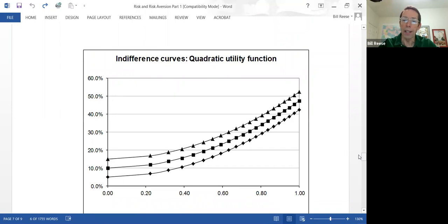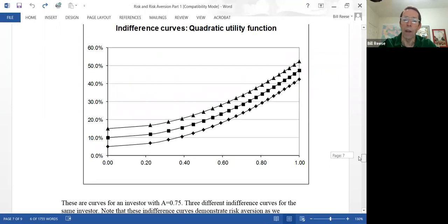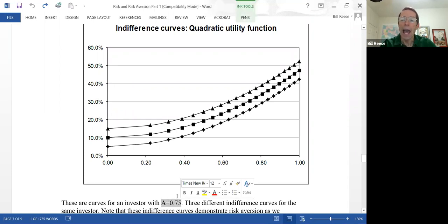In this particular case here, we've got one investor that happens to have an A, coefficient of risk aversion, of 0.75. And these are 3 different indifference curves, all belonging to the same investor. So what we would say is for this investor, every point on this indifference curve right there, they're equally happy with.